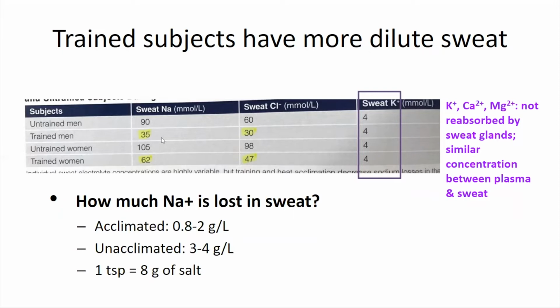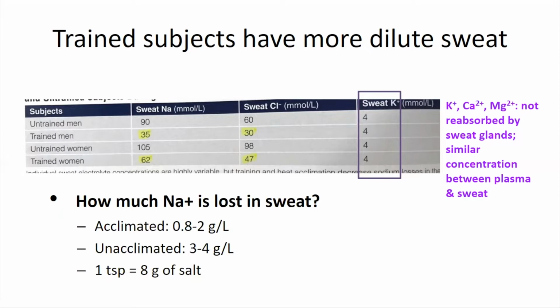In trained men, their sodium chloride concentration is about 1/3 to 1/2 compared to untrained men. For trained women, they conserve about 1/2 or 50% of the sodium when compared to untrained women. So this is how we become better sweaters, where we're able to sweat more dilute sweat.